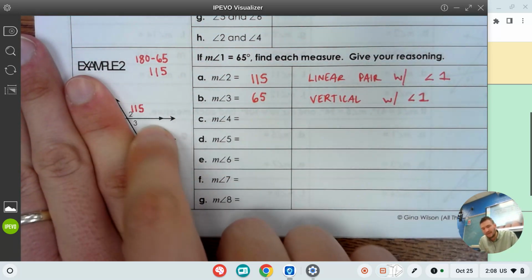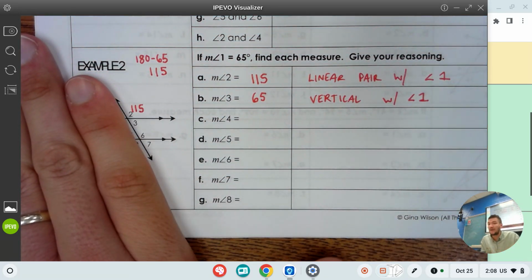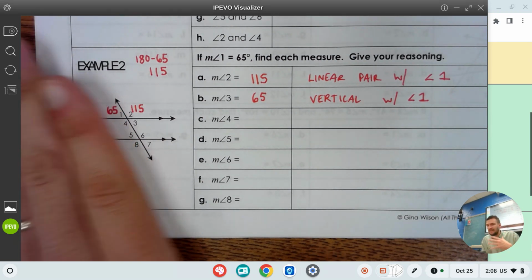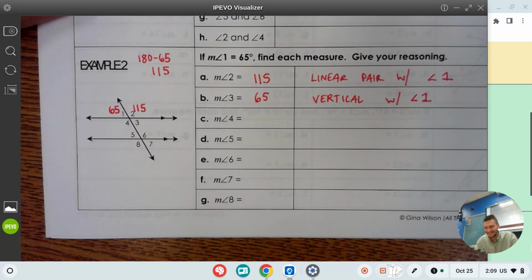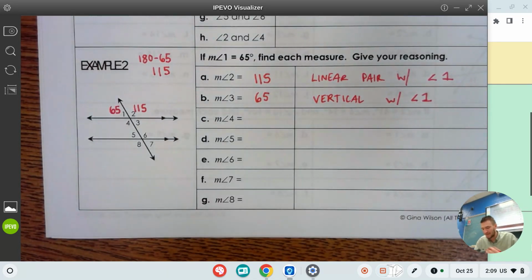Angle 3 looks like a linear pair with angle 2. And both of those reasons are legit, okay? It's kind of like when you're doing a puzzle. There's different ways to figure out which way you're coming in, okay? I almost said doing a Sudoku, but we did that earlier, and I don't think many of you knew how to really do that.